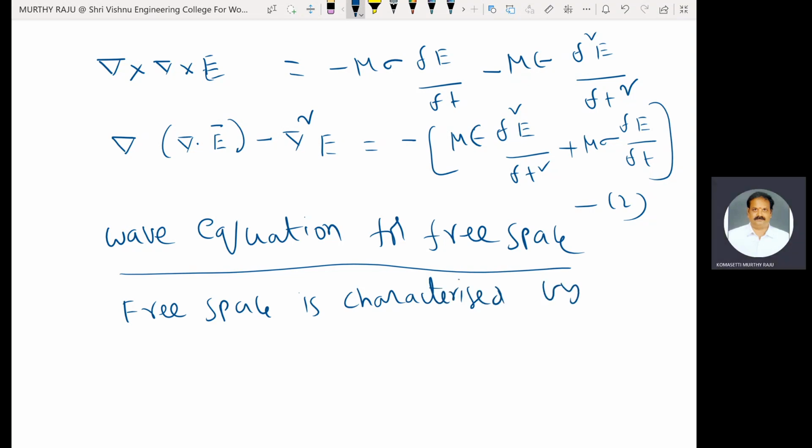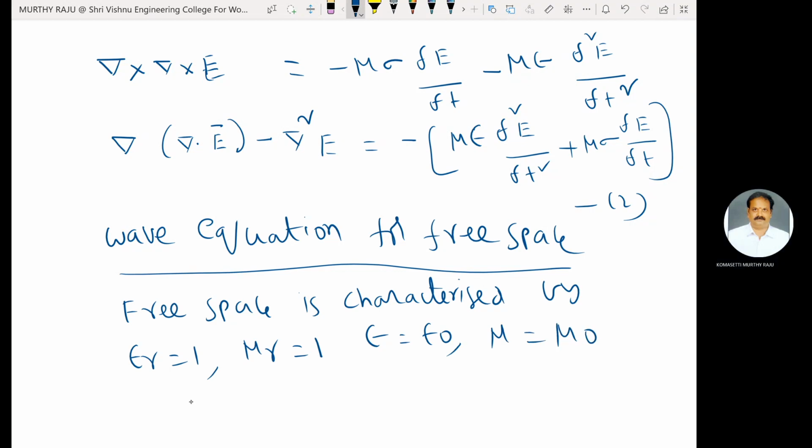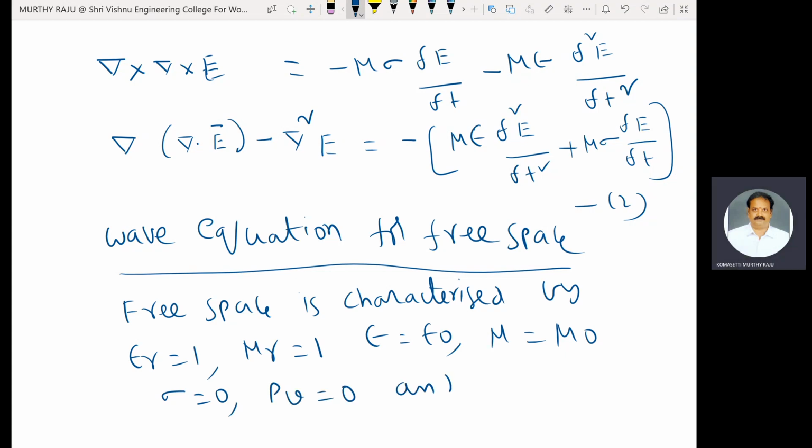Free space is characterized by epsilon r is equal to 1, mu r is equal to 1, epsilon is equal to epsilon naught, mu is equal to mu naught, sigma is equal to 0, rho v is equal to 0, and J is equal to 0.